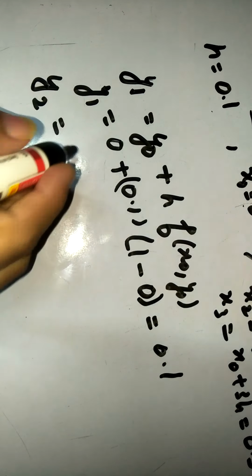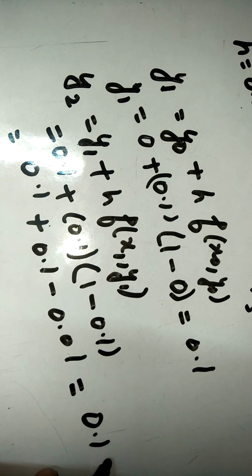In the function we put 1 minus y1, that means 1 minus 0.1. So this is 0.1 plus 0.1 times 0.9, that is 0.1 plus 0.09. By solving we get 0.19.